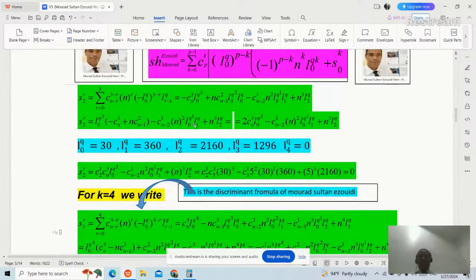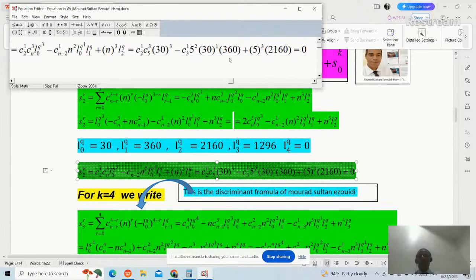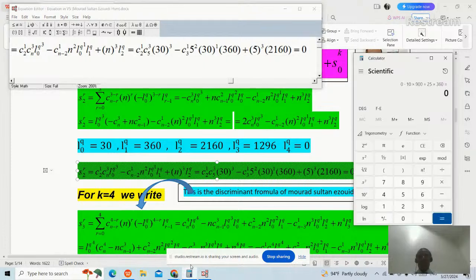Therefore, I'll just calculate this. This is my value of S2, sorry. I will just use my calculator, and you can also at the same time, learners, use your calculator and be happy, feeling glad while working with Mourad Sultan Ezouidi and practicing its discriminant formula.